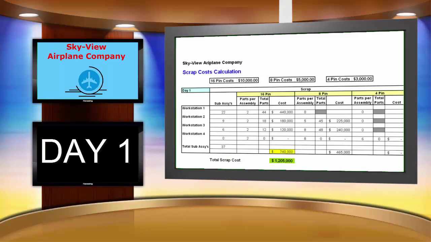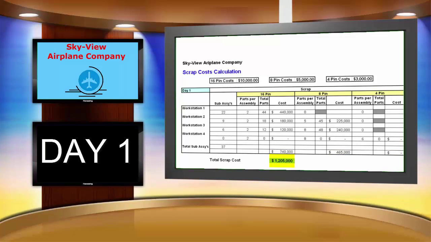The total cost for the 16-pin sub-assemblies is $740,000. For the 8-pin sub-assemblies, it is $465,000. And there is no total for the 4-pin sub-assemblies yet.